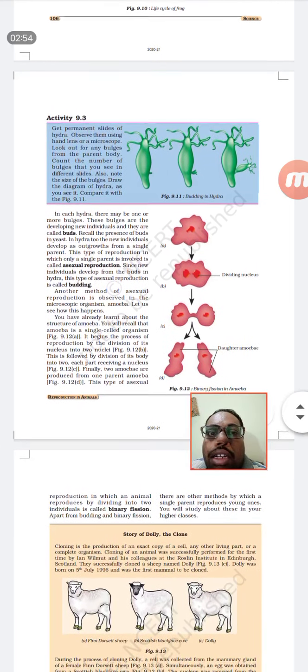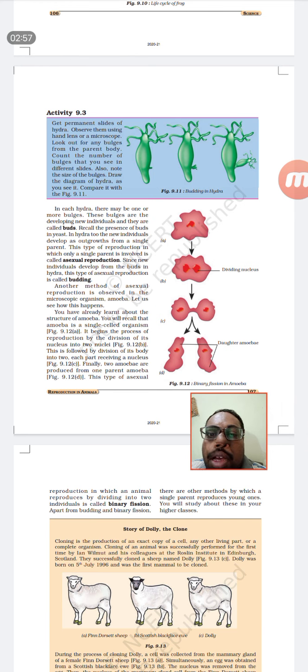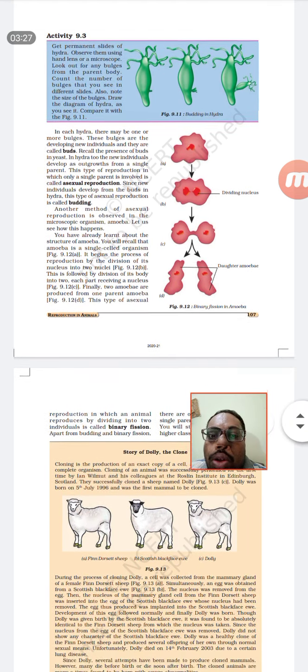Another example is the amoeba, a microorganism, whose body divides into two, which is binary fission. Bi means two, so the entire organism divides into two. There is no death in amoeba like us. The parent does not die; it divides into two young ones. These are the most common types of asexual reproduction, commonly seen in lower organisms.